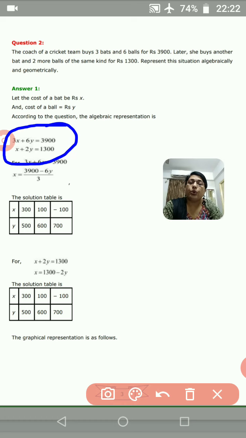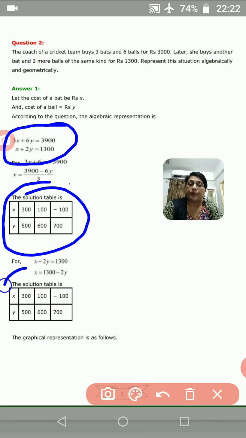To represent this graphically, I will make this type of table. You can write your own table with the help of different values of x and finding the value of y accordingly. To draw a graph, you always need at least 3 points for any equation.